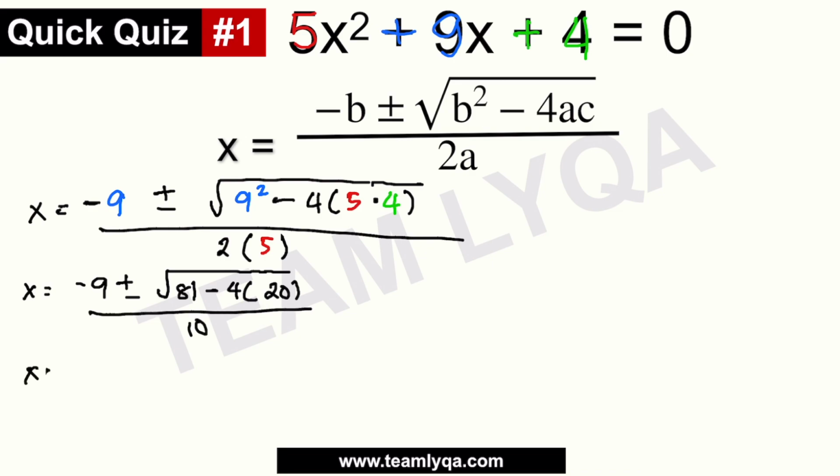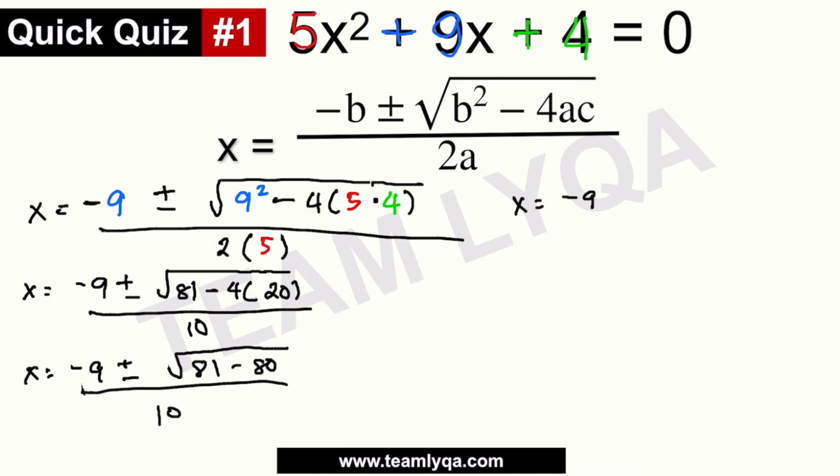So, X is equal to negative 9 plus or minus the square root of, you have 81 minus 80, okay, all over 10. Oh, dito lang tayo lipat sa kabilang side para may space. X is equal to negative 9 plus or minus the square root of 81 minus 80 is 1. No? So, ano ba ang square root of 1? It's just 1. 1 times 1 is 1.